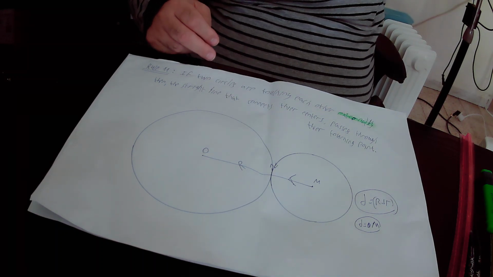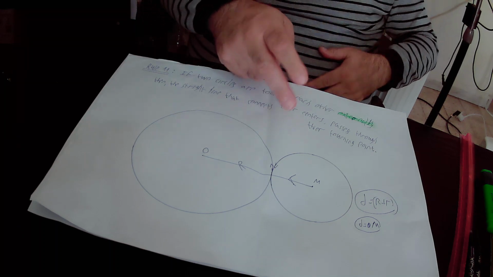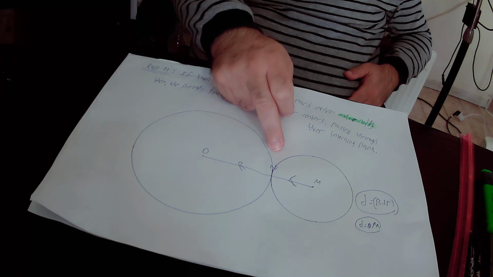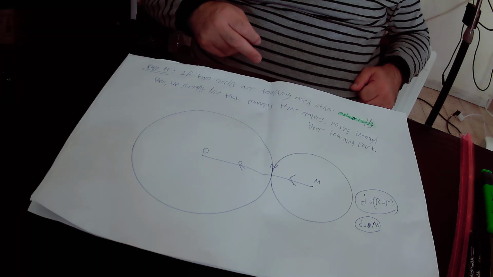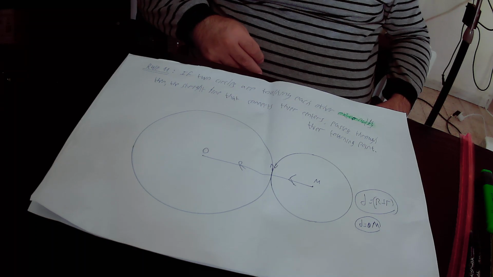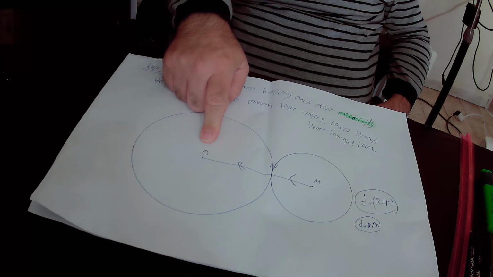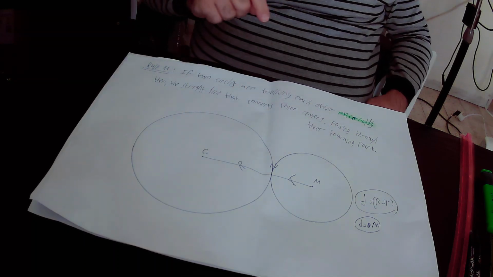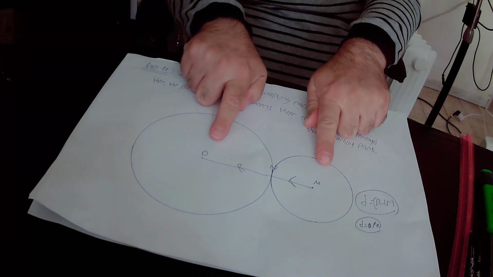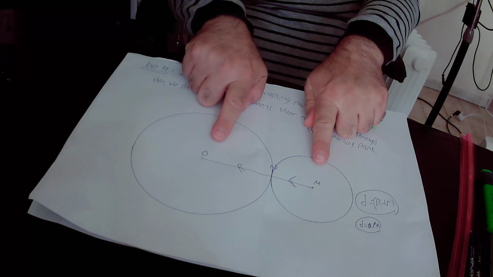So whenever you have an external touching between two circles, like in this drawing, those two circles touching each other externally at point N, then the straight line that connects their centers together, point O is the center of the big circle, point M is the center of the small circle, and therefore OM is the straight line that connects their centers together.